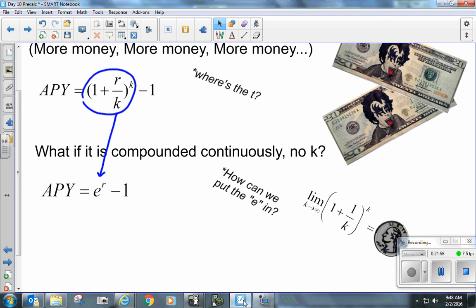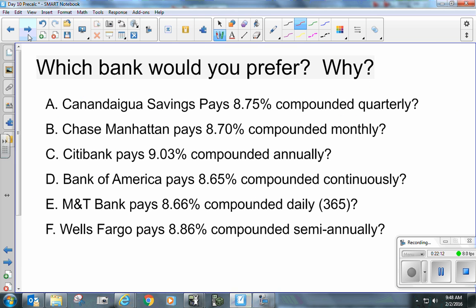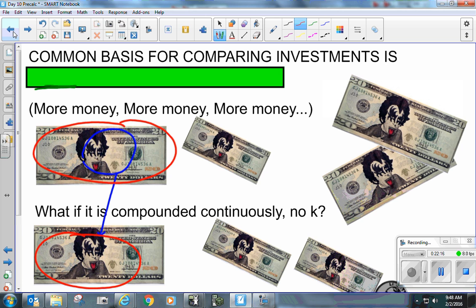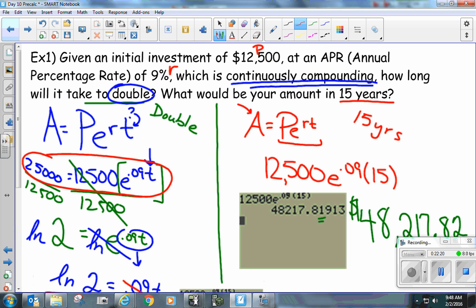So, if it is compounded with some sort of K, even if it's annually, your K is 1, right? This. If it is compounded continuously, this. And whatever yield is higher, that's where you put your money. So, why don't you figure out now? You don't have to use this, and you don't have to use this.